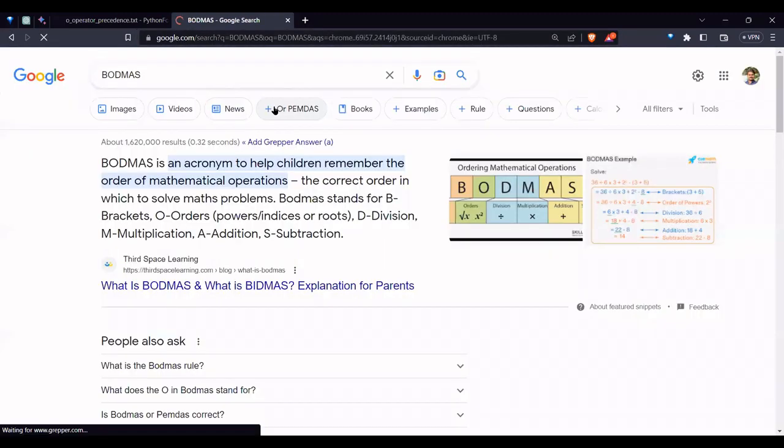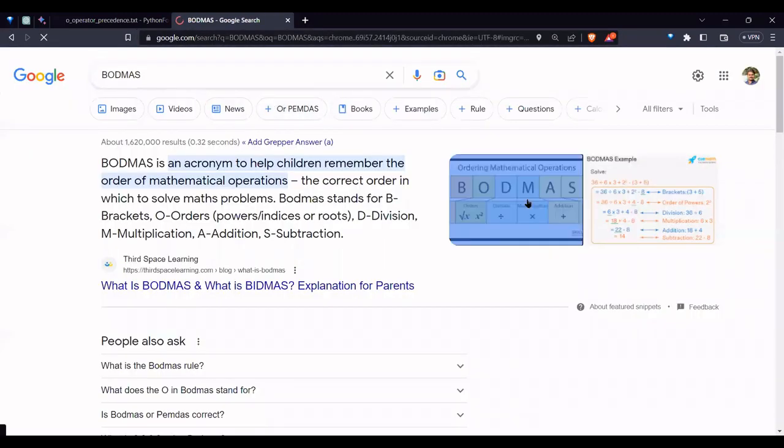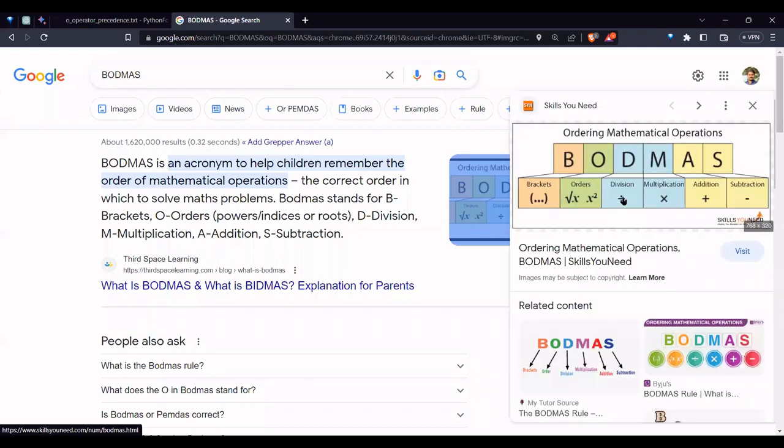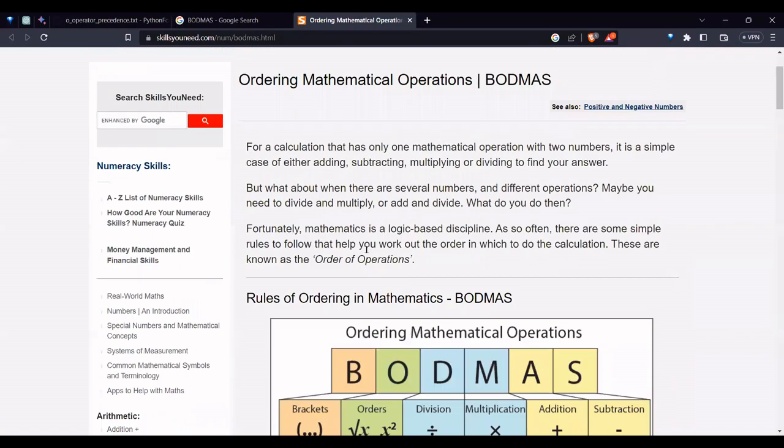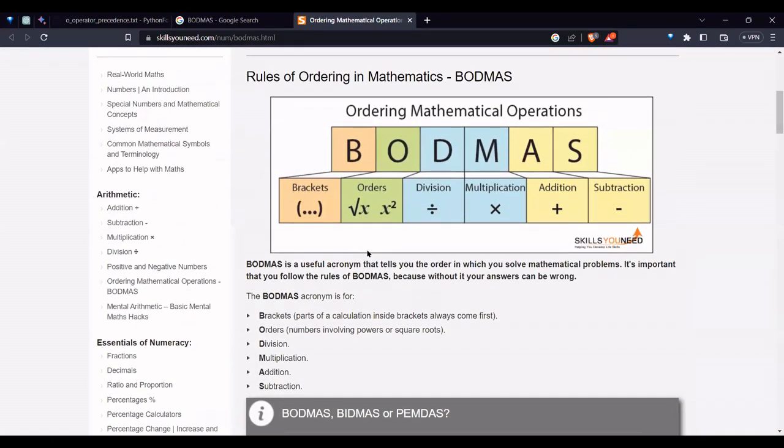BODMAS means B means bracket. That is a simple acronym, right? So typically when you do an operation, which one should come first, which one should come next, that order is defined by this. First bracket, then the order, then division, multiplication, addition, subtraction, right? So orders means what? Square root or power, like that.